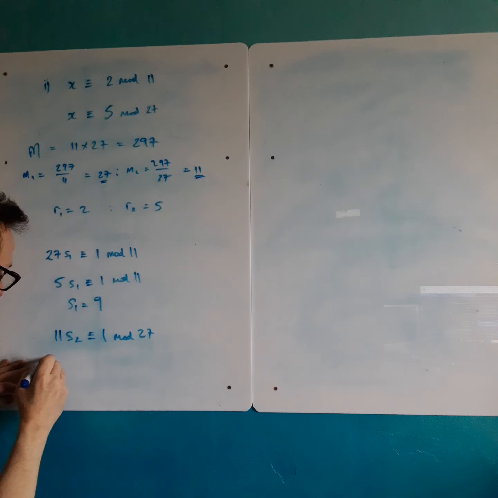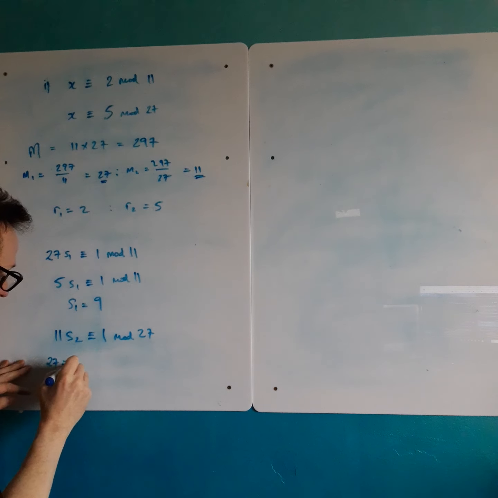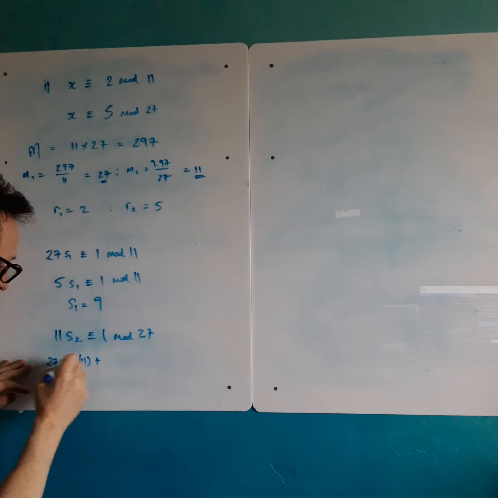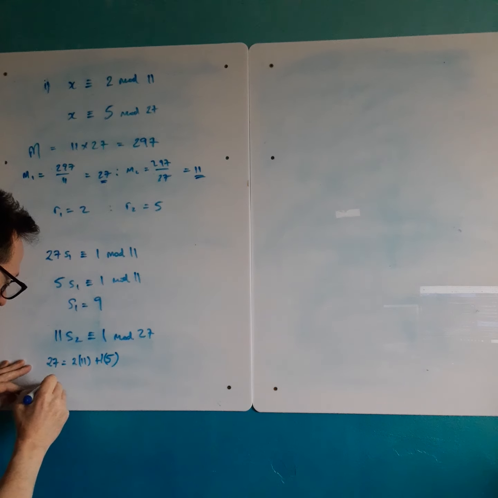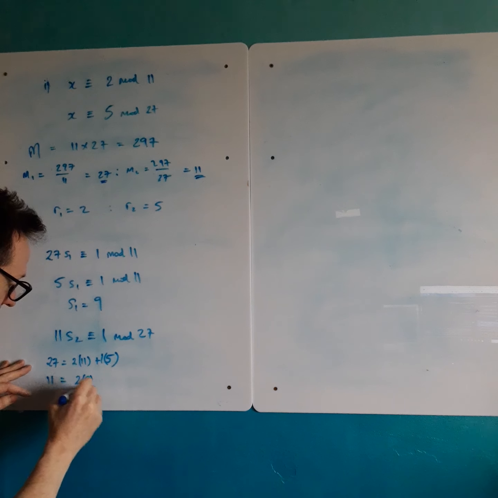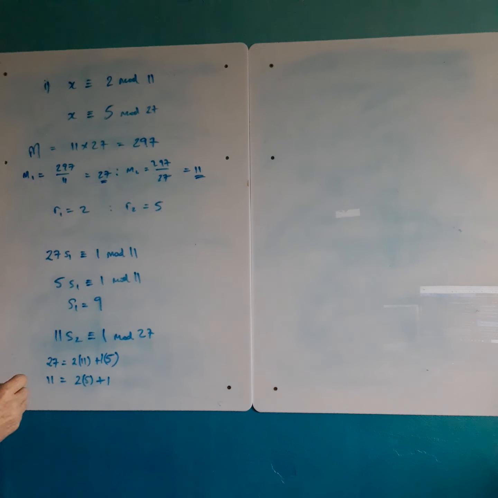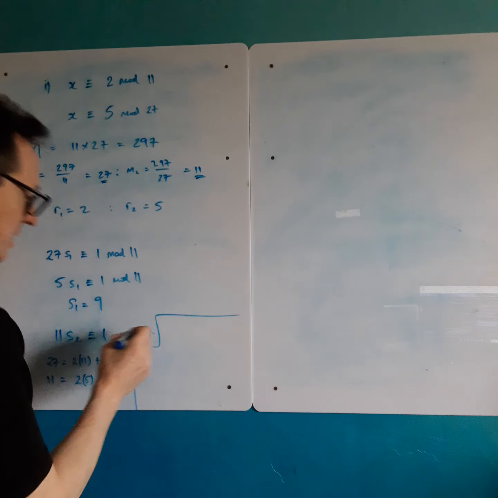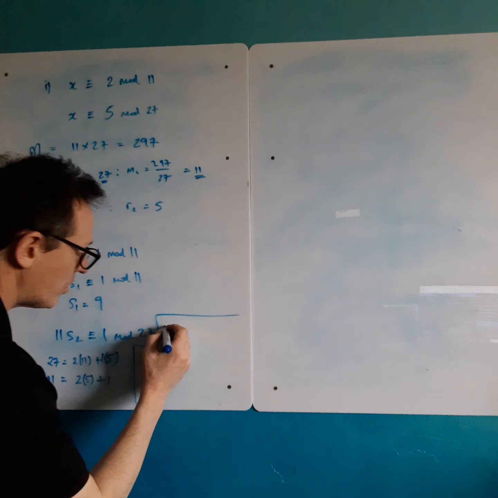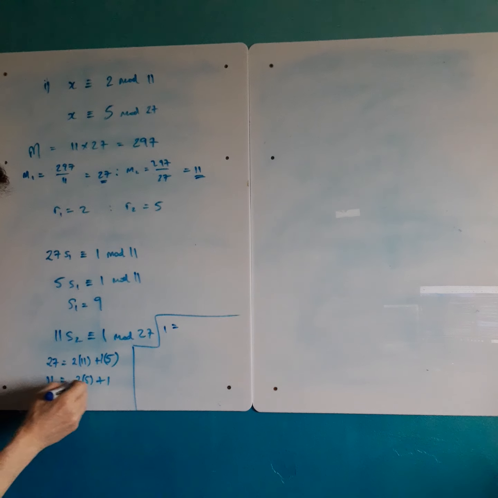I'll start off: 27 equals 2 times 11, which is 22, plus 5. 11 equals 2 times 5 plus 1. Okay, that went down nice and quick. Now we do the opposite of that to get the inverse. So I start with the 1. 1 equals 11 minus 2 fives.